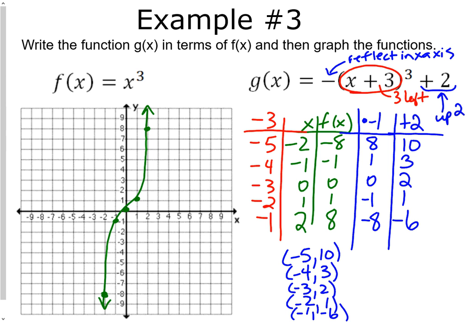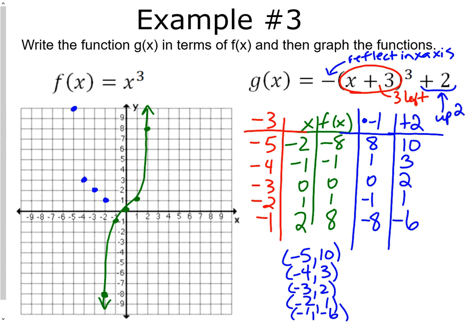So we're looking for something that's been reflected in the x-axis. It's been moved 3 to the left and 2 up. So -5 and +10 is up here. -4 and +3 is here. -3 and +2 is here. -2 and +1 is here.